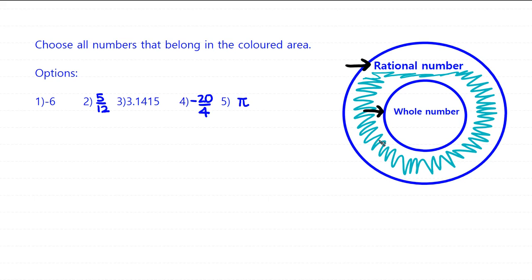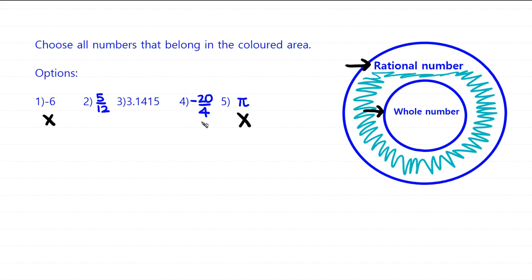Our first option is -6, but I just told you the whole numbers do not belong in the colored area, as we can visibly see, so -6 is not the answer. Let's look at pi. We told you in our first video that pi is an irrational number, which means it does not even go into the circle and is outside the circle, so pi is not an answer either.